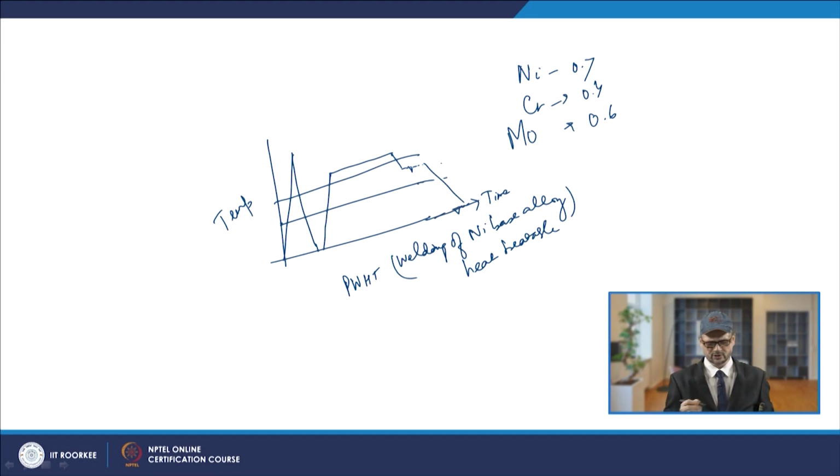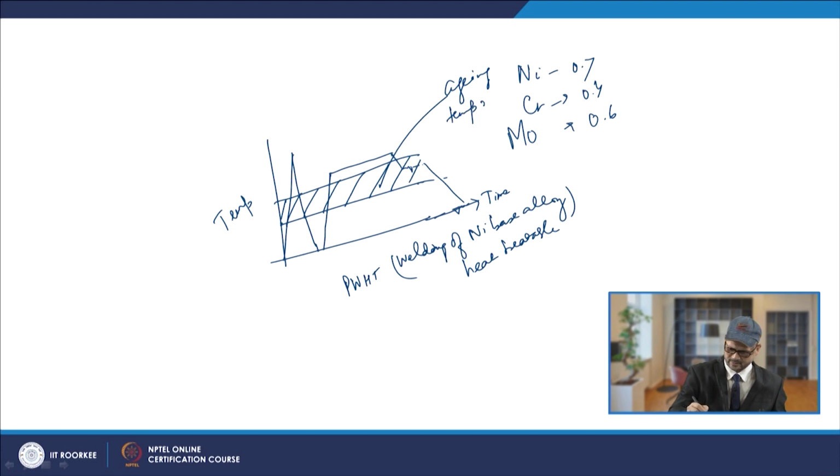So, this is basically your aging temperature range. While heating, this is the temperature to which you have to go. This is your solutionizing temperature, and before that this aging is done.